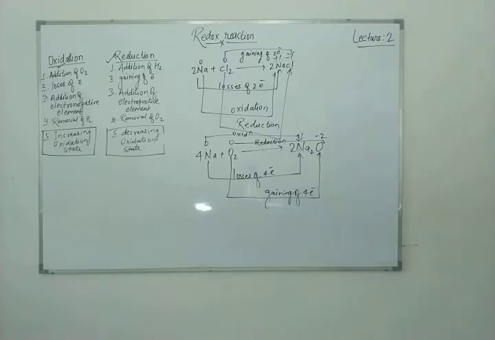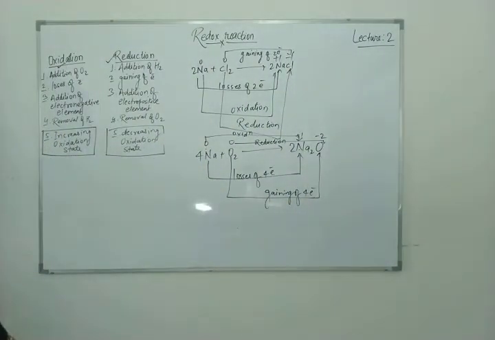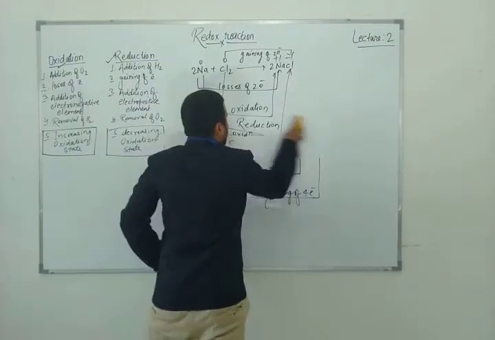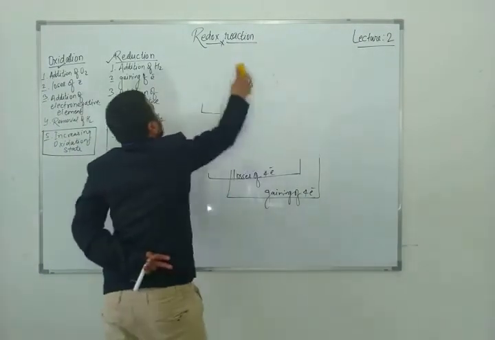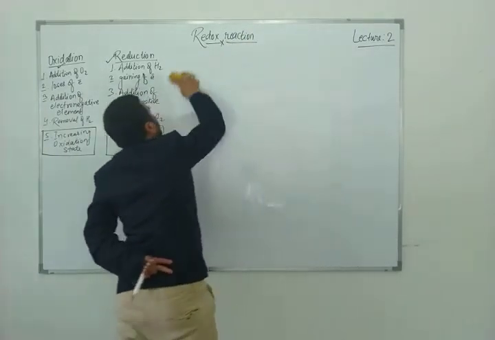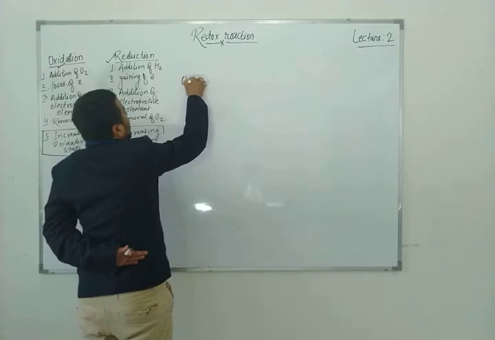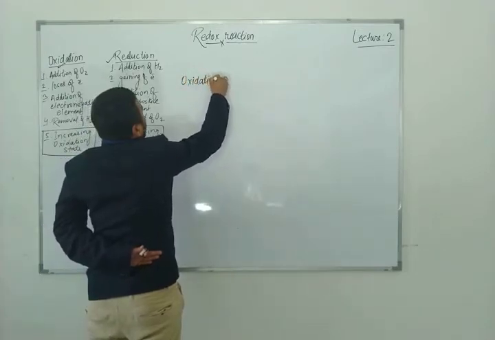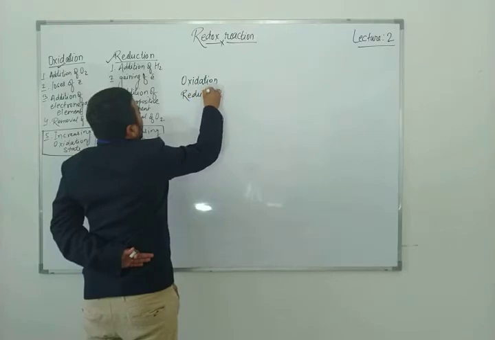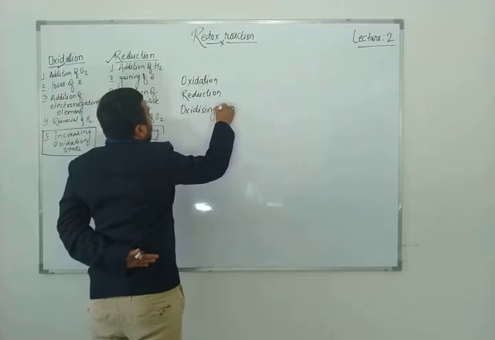And oxidizing agent means acceptor of electrons, acceptor means gainer of electrons, and reducing agent means donor of electrons. So the 2 things which I already cleared in the previous video, that what is the relationship between oxidation and reduction, is that you should always remember that oxidation means losses of electrons and reduction means gaining of electrons. So here: oxidation, reduction, oxidizing agent and reducing agent.